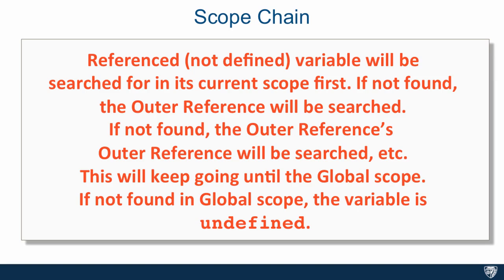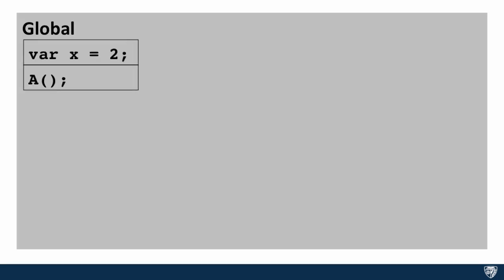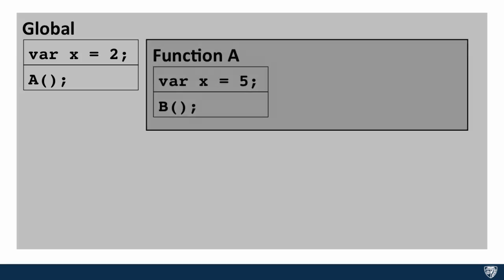Now, in order to understand this scope chain a little bit better, let's take a look at the following visualization. Suppose you executed a couple of lines of code inside the global scope. The first line defines variable x and assigns a value of 2 to the variable x. And the second line executes function a. Now, function a itself is defined in global scope, and it has its own variable x that is set to 5.